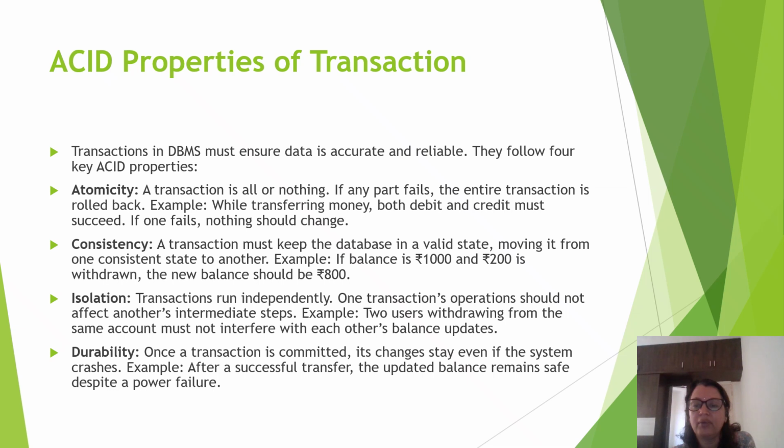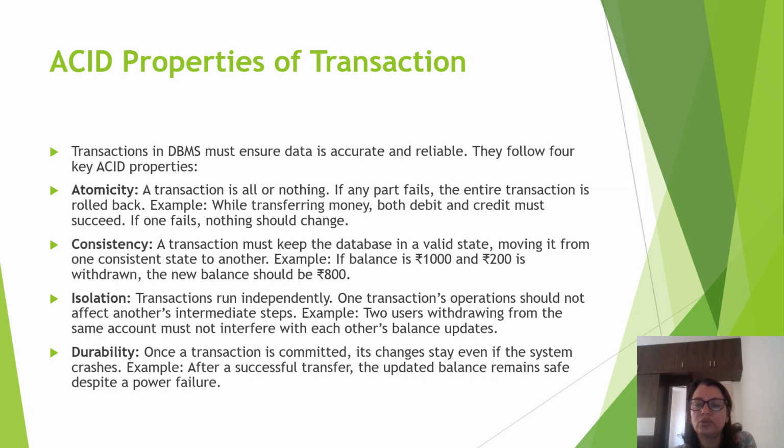For example, I am taking 2 accounts, account A and account B. If account A wants to transfer money to account B, the initial balance for account A is 5,000 and the initial balance for account B is 4,000. If account A transfers 1,000 rupees to account B, then after the transaction completes, the final amount for A should be 4,000 and for B it should be 5,000.